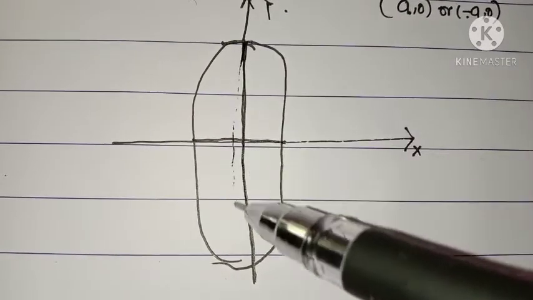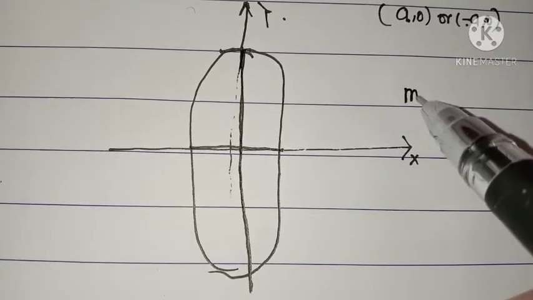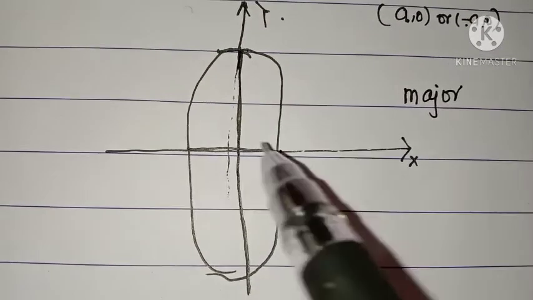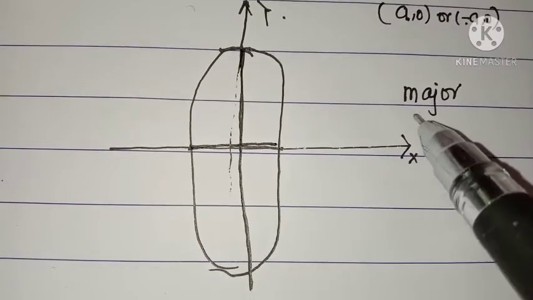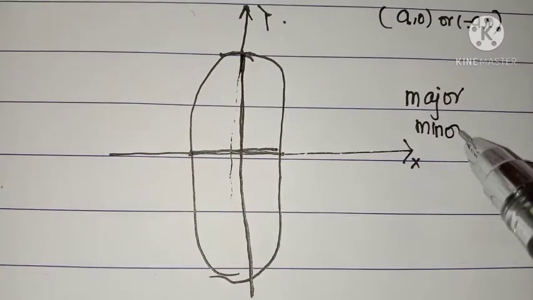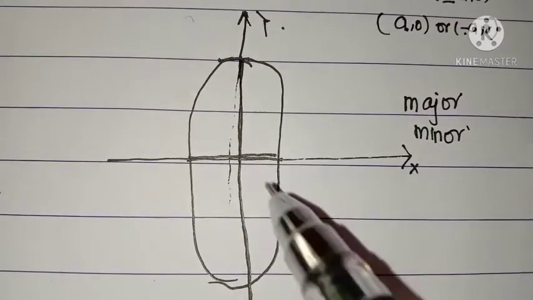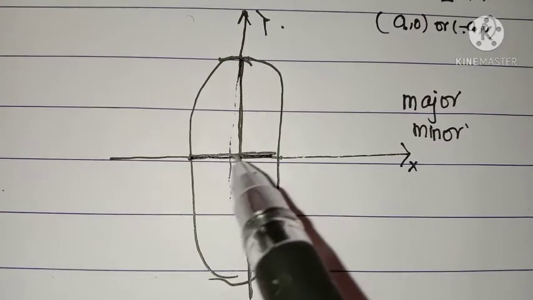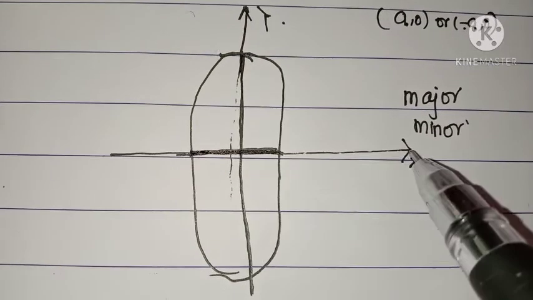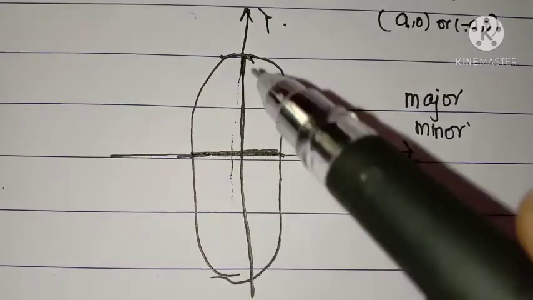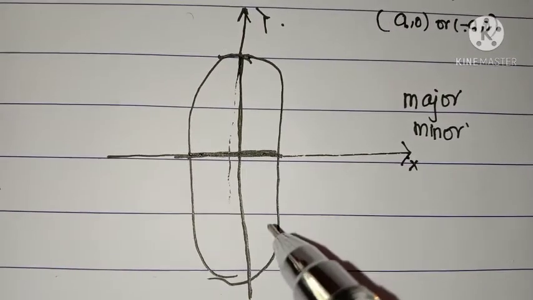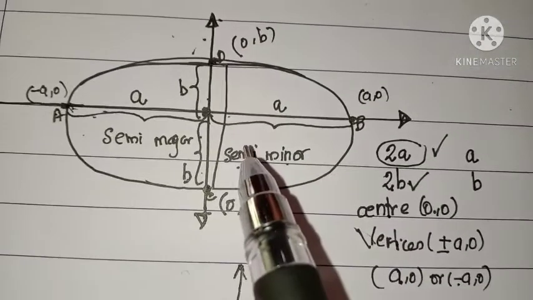This greater length is called the major axis and this distance is the minor axis. So in this orientation, the minor axis is along the x-axis and the major axis is along the y-axis. That is the difference from before.